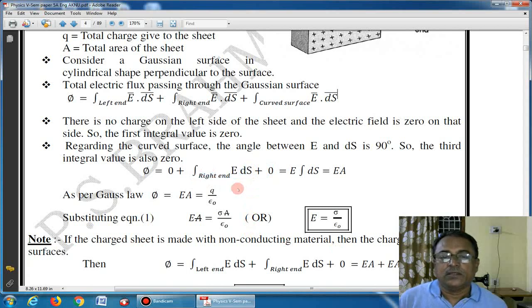And next, for a given charge at a particular point, this E is constant.